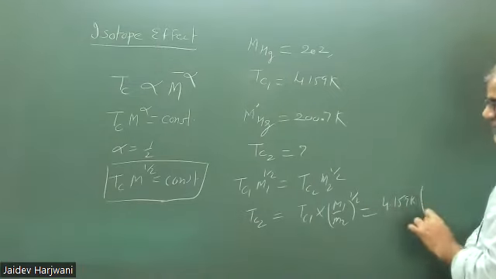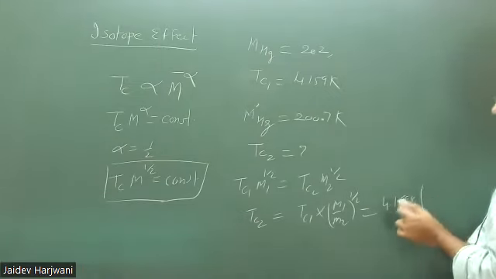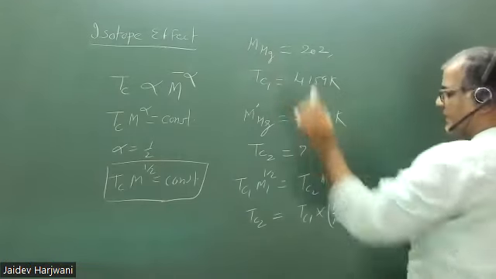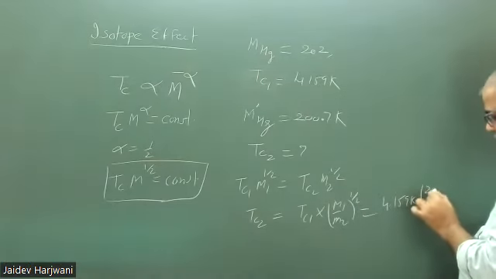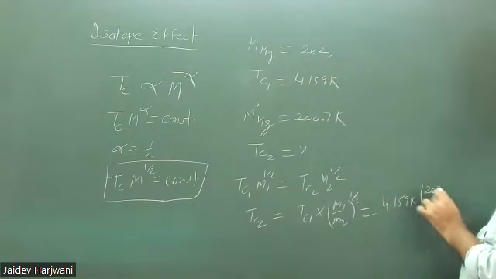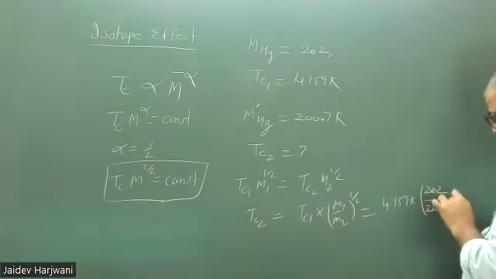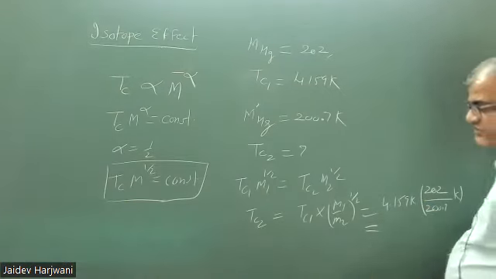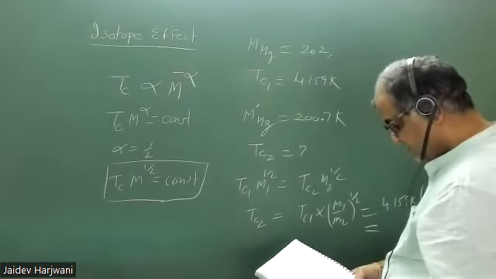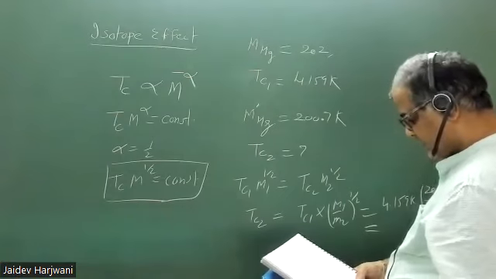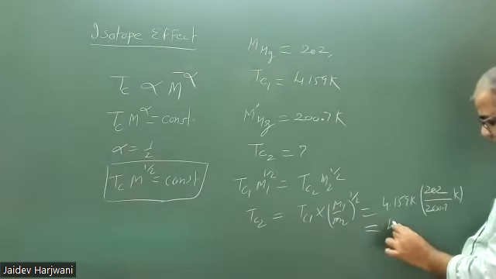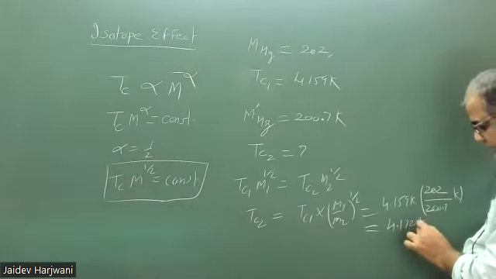In this particular question they have given Tc1 as 4.159 Kelvin, m1 as 202, and m2 as 200.7. If you solve this, I have the answer 4.172 Kelvin.